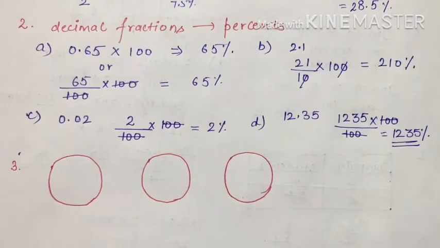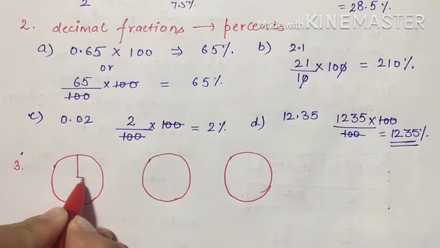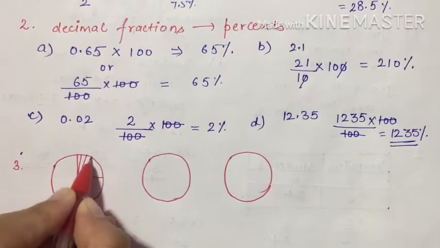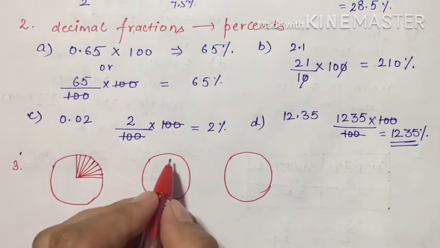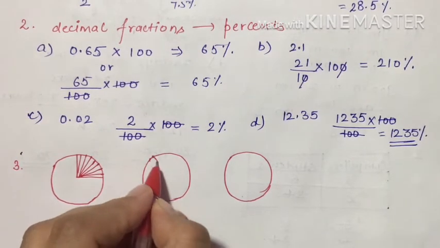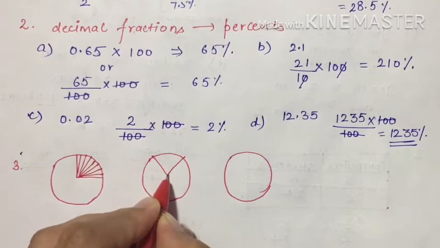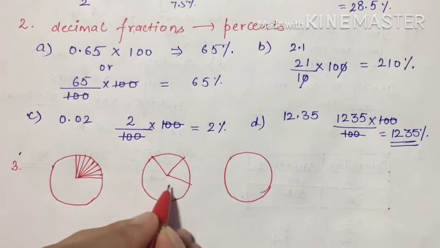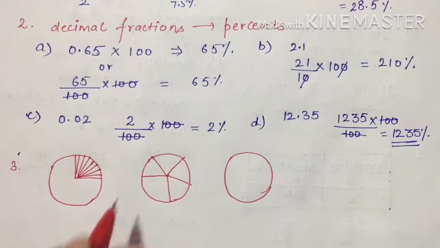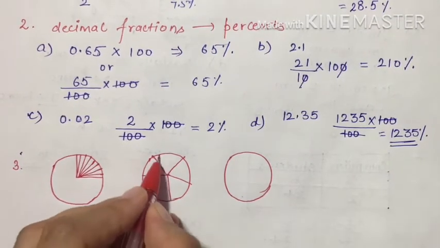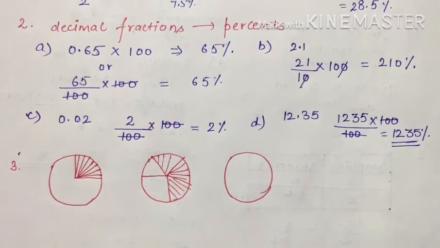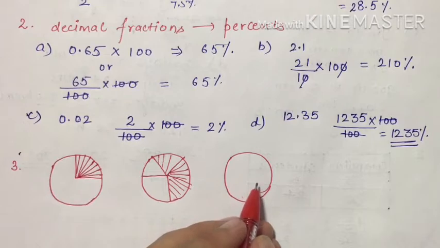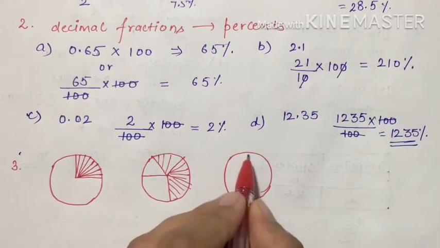These circles are given, and here this much part is colored, okay, and here they have divided into 5 parts, like 1 2 3 4 and 5 parts. It is divided into 5 parts, and these parts are colored, this and this. These 3 parts are colored.